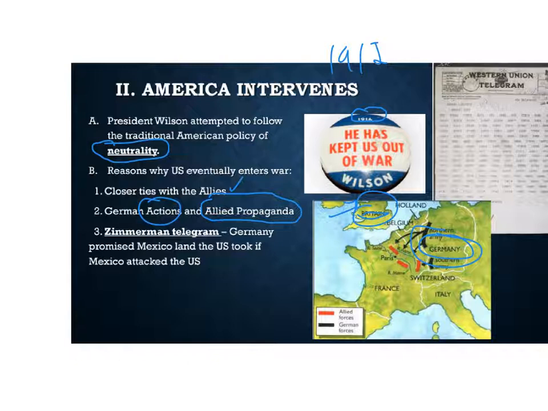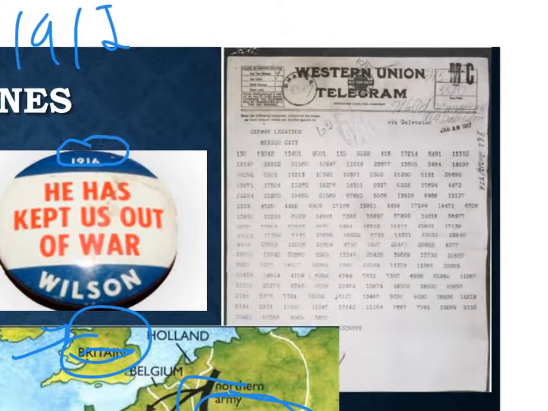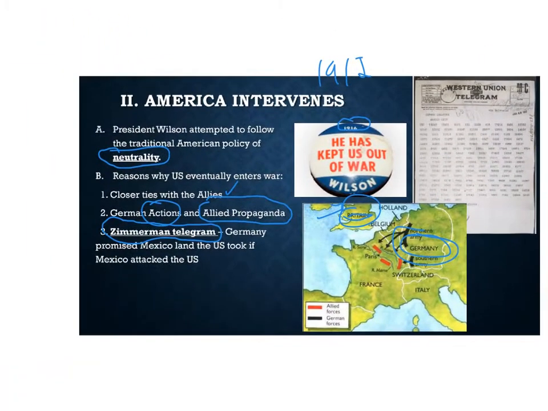They were revolting. The last thing that really makes us pick a side is the Zimmerman telegram, a few months before we joined the war. This is a big one. This is actually a telegram right here, just a bunch of numbers. But essentially, the German ambassador sent this to Mexico, telling Mexico's government that if Mexico makes war against the U.S., after the war in Europe is over, Germany will help Mexico get back Arizona, New Mexico, and Texas from the United States.